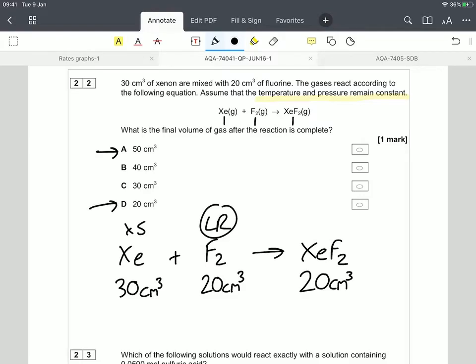Because as the reaction proceeds, there'll be 0 of this left, but because this was in excess, there'll be 10 of it left, and there'll be 20 of this formed, right? 10 plus 20 is 30, so our answer is C, because it's the total volume of gas, final volume of gas, after the reaction's complete. That's quite tricky, but again, once you've done one of these, the rest of them do get slightly easier.